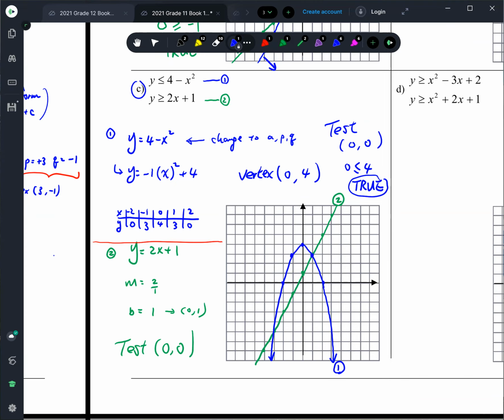Just number one. Okay, very good. So everything inside, okay?